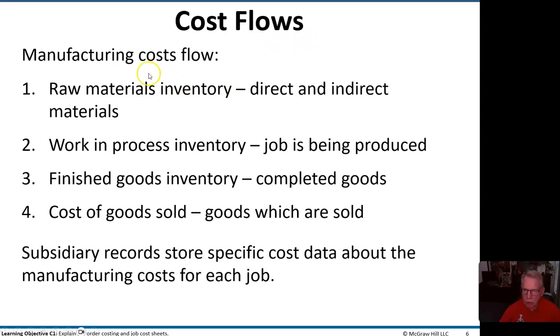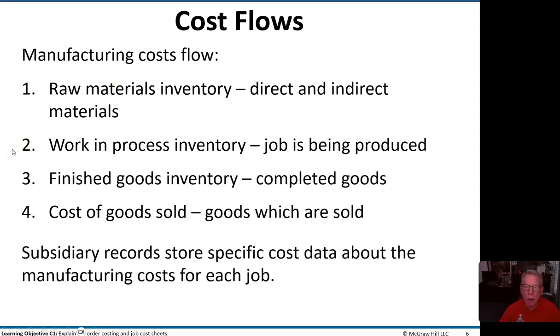As far as cost flows in manufacturing go, 1, raw materials inventory. We can have direct materials. Those are materials that are used directly on the product and can be individually distinguishable. Whereas indirect materials are things like solvents or rags or maybe even lubricants, that kind of thing, that we don't necessarily have costs for on each product, but we put those in the overhead pool.